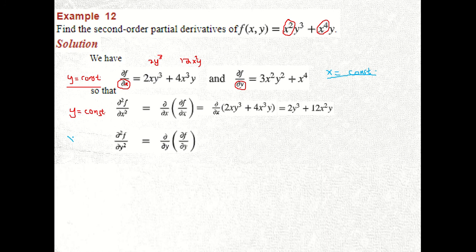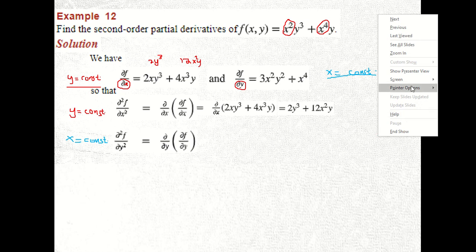So for this case, x is held constant. Holding x as constant, this time we have to look at the original expression.